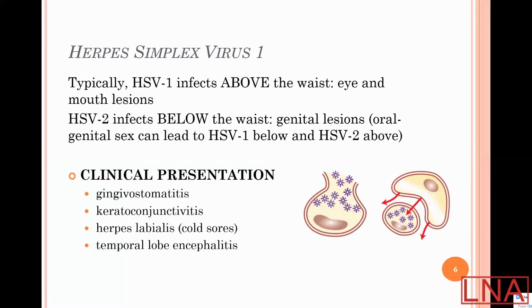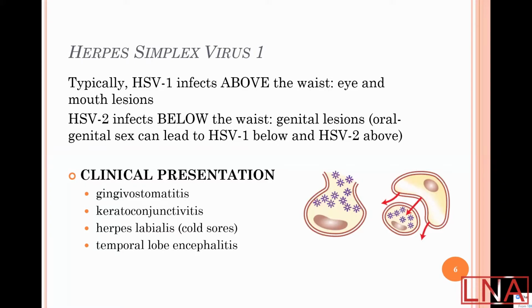Typically, herpes simplex 1 infects above the waist, with eye and mouth lesions. Instead, herpes simplex 2 infects below the waist, causing genital lesions. Because of oral-genital sex, it can lead to HSV1 below and HSV2 above. So during oral-genital sexual contact, the virus can shift its place, but later it will come back to its specific place.